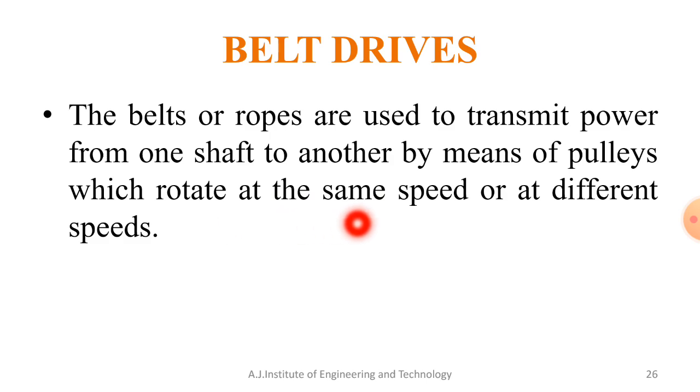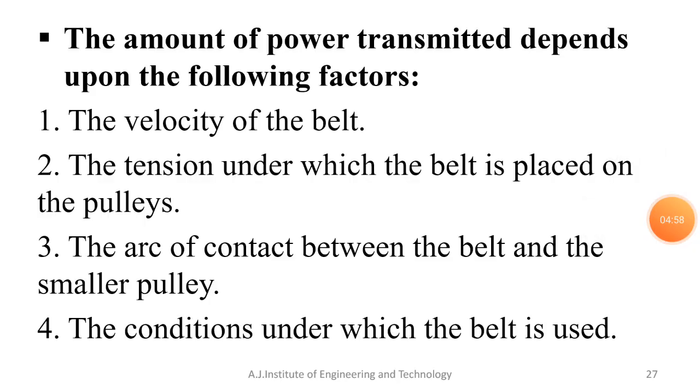The shafts may rotate at the same speed or at different speeds, and based on this criterion you can transmit the power from one place to another place. That is possible with the help of belt drives or rope drives. So this is the definition of belt drives.